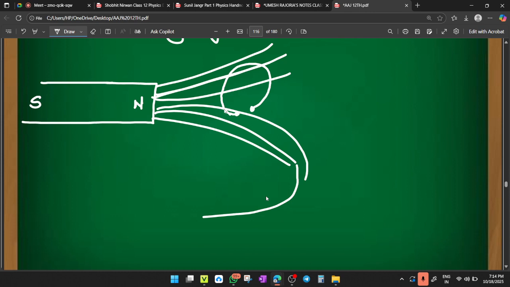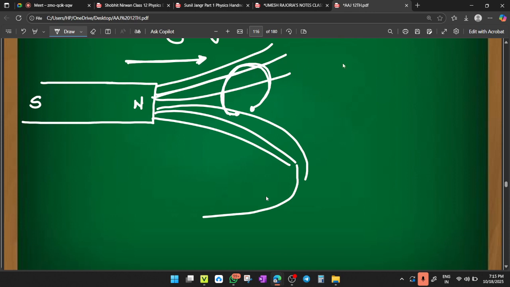Now see, some magnetic lines of force pass through this coil perpendicularly. This means some amount of magnetic field is linked with the coil, because some lines of force are crossing the area of the coil. But if you move this magnet closer to the coil, then what will happen?